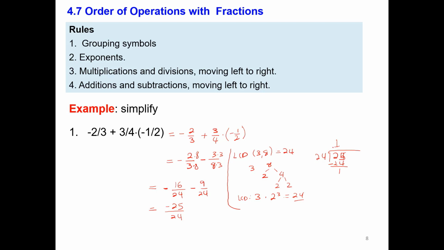Then we can write this one: the whole part equals 1, and the numerator is the remainder, 1 over 24. And it's negative, because here it is negative. Let me write it better, equal to negative.